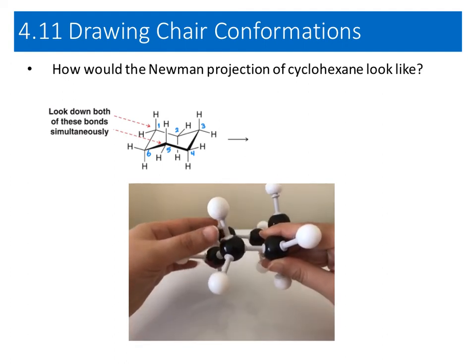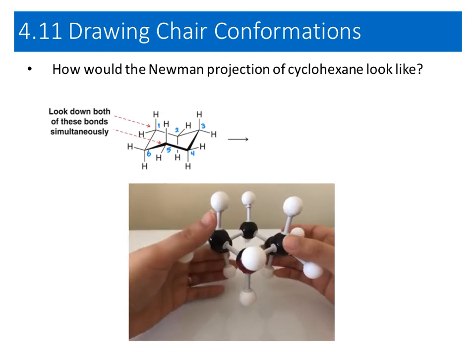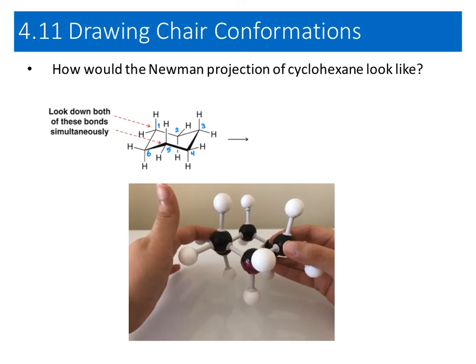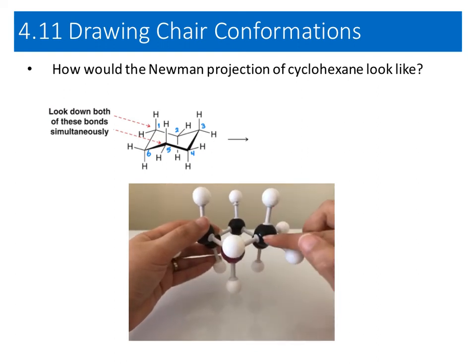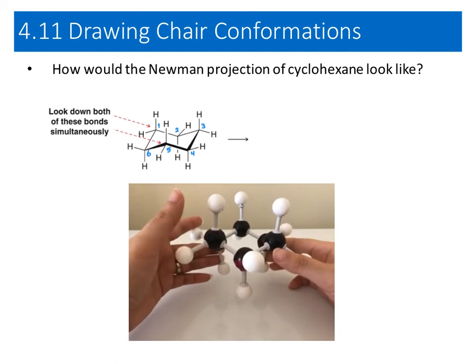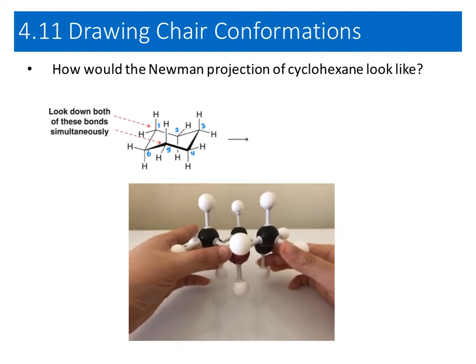So I'm gonna rotate the molecule, okay? And we are gonna look through these 2 bonds, C1 and C2 bond, C5 and C4 bonds, and draw the Newman projection. So this is carbon 6, the marked carbon.